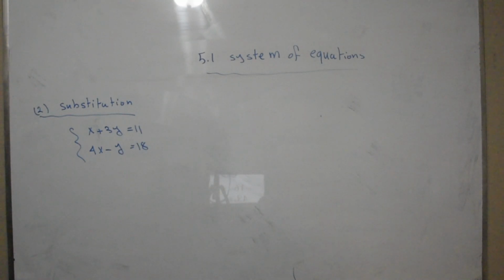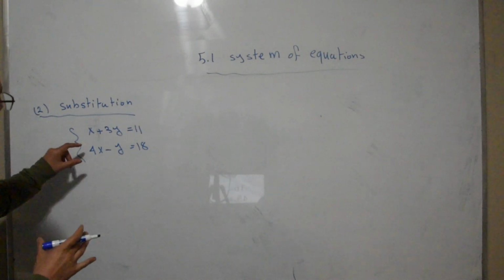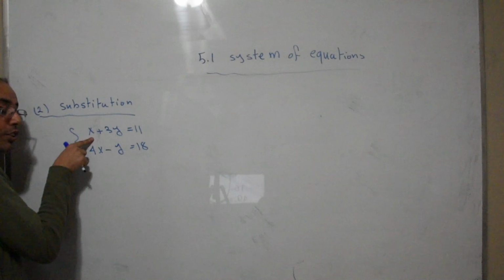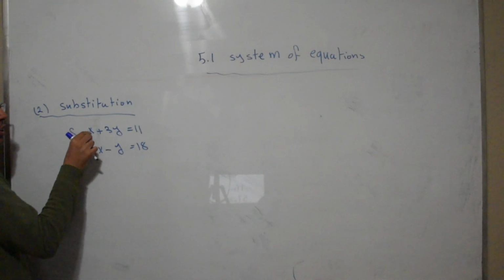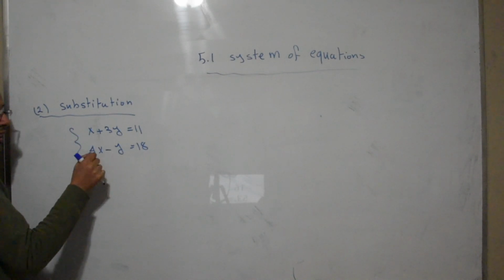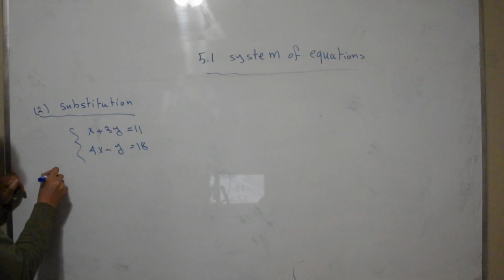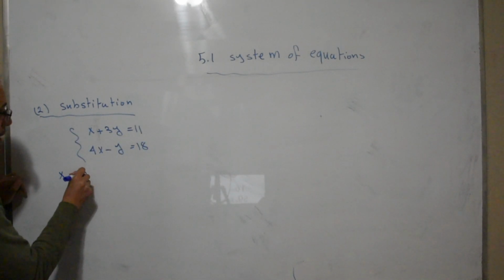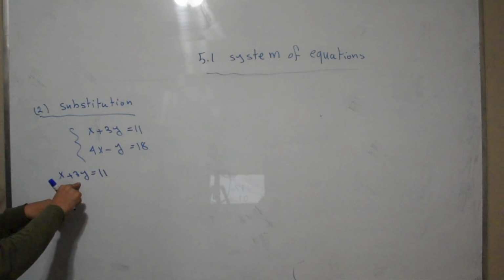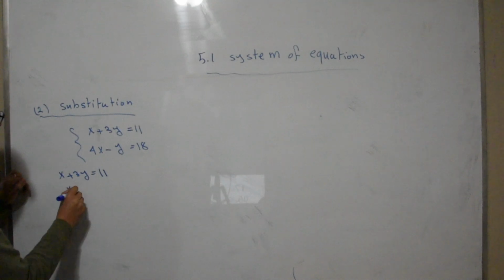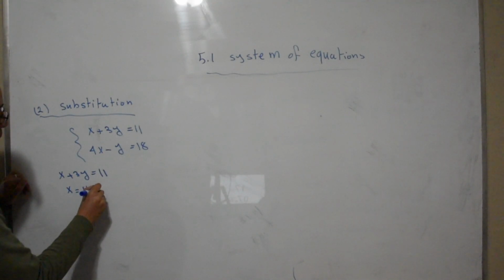All right, so the idea here is we solve for one variable in the first equation and substitute that variable in the second one. So let's solve for x in the first equation. I have x plus 3y equals 11. I will subtract 3y from both sides. So I have x is 11 minus 3y.